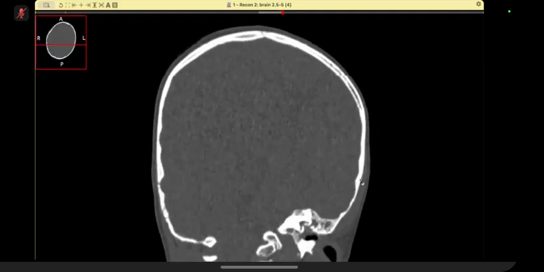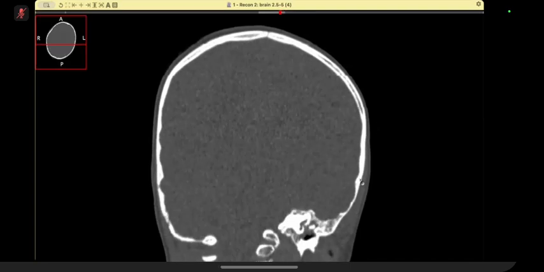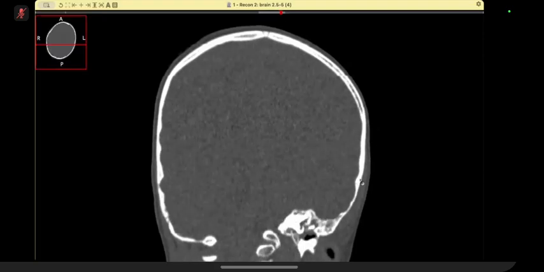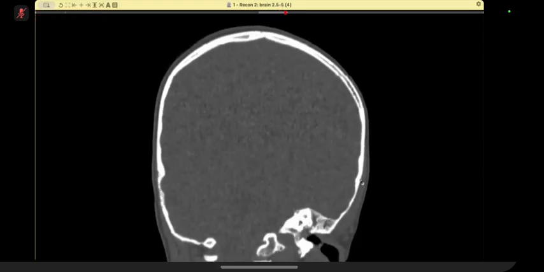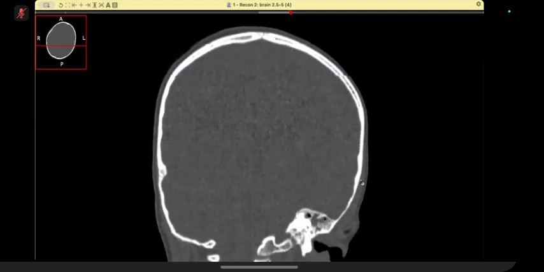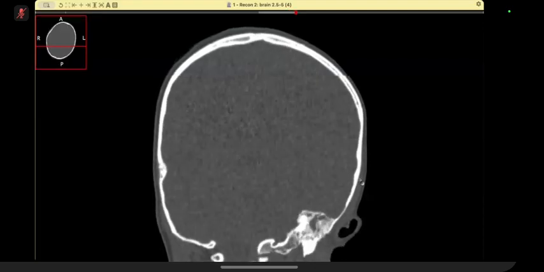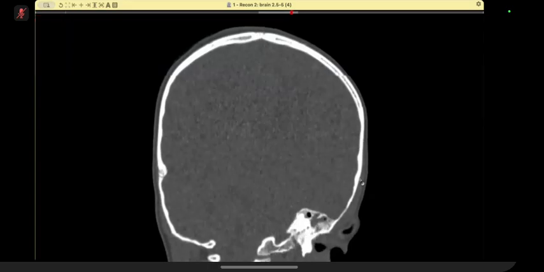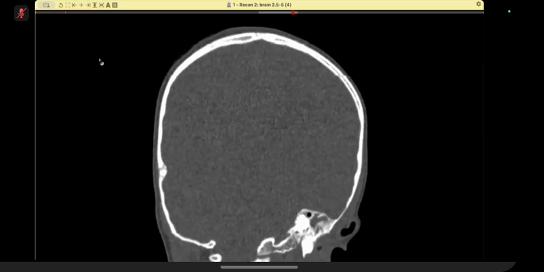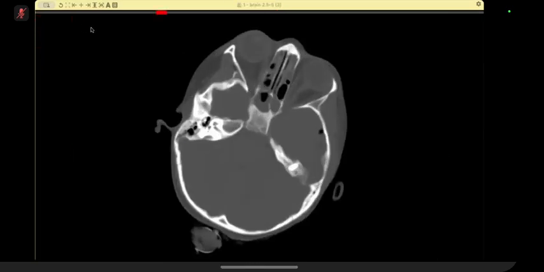I have presented also the external auditory canal, and there is opacification of the middle ear cavity, and the tegmen tympani looks thinned with probable erosion. There are air locules seen here, non-dependent, and the tegmen looks interrupted, or there is erosion or destruction of the tegmen tympani plate. So this presentation could be consistent with otomastoiditis complicated by intracranial extension.